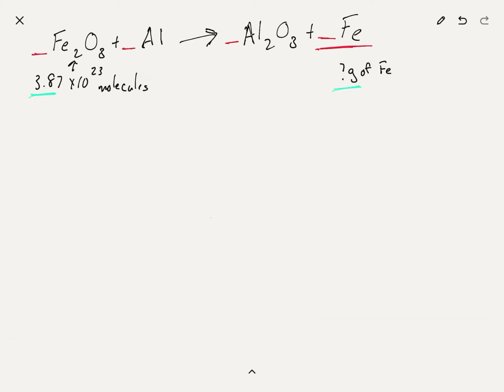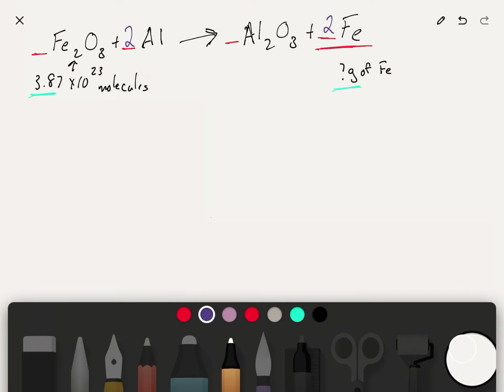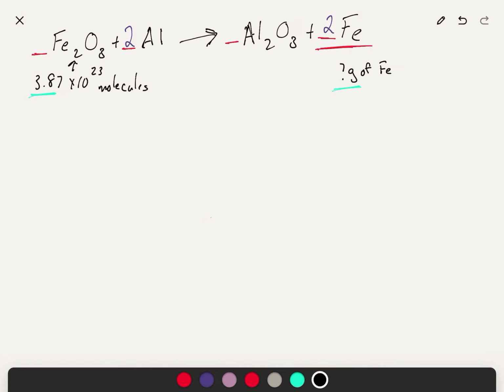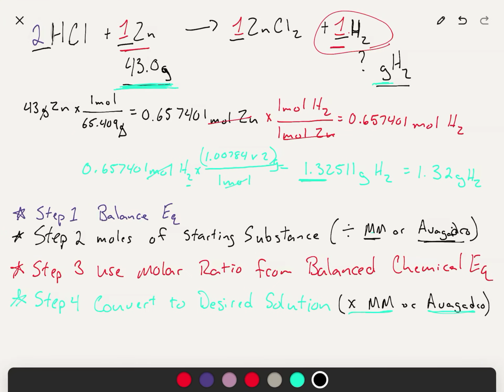I got 2 iron on the left hand side, so I need 2 iron on the right hand side. I've got 3 oxygen on the left hand side, 3 oxygen on the right hand side, 1 aluminum on the left, 2 aluminum on the right. So another one that's fairly simple, fairly straightforward to balance. And we have now balanced our equation. So that was step 1.